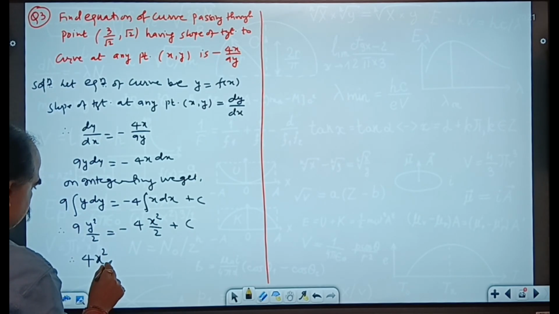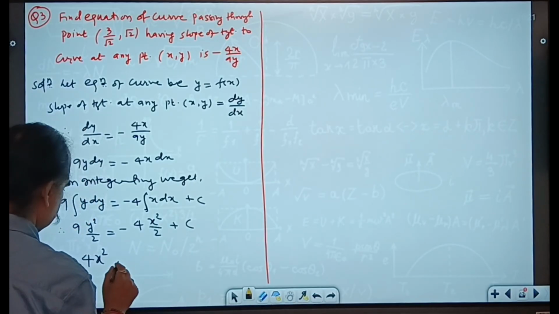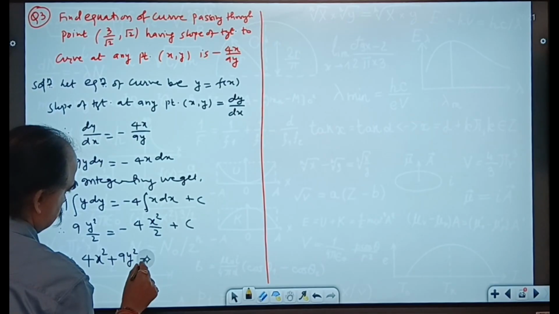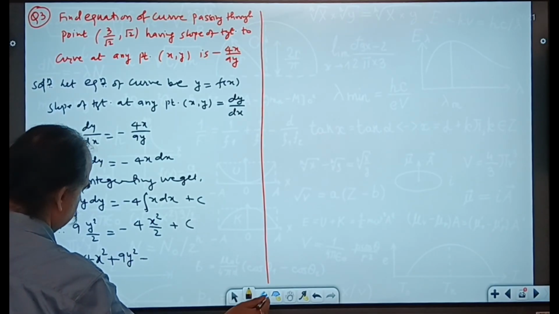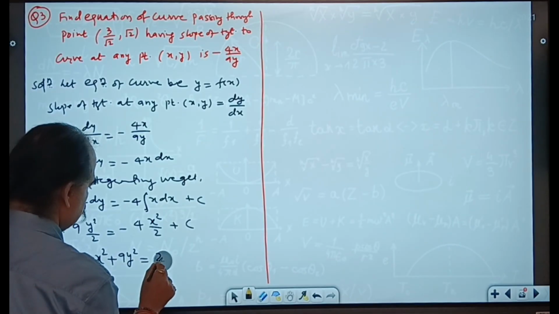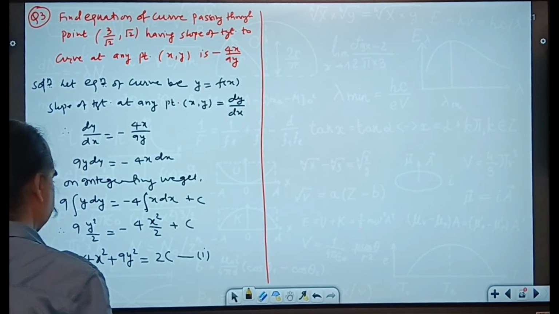So 4x square plus 9y square is equal to 2c. Equation 1.